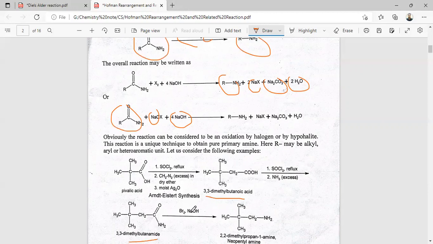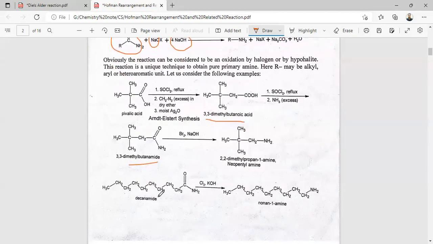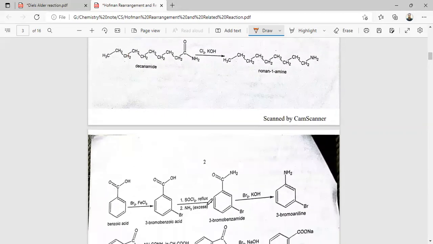We react this with bromine Br2 in the presence of alkaline NaOH to form this amine. And here the decanamide in the presence of Cl2 and NaOH forms this nonan-1-amine. So this is an example of this Hofmann rearrangement.